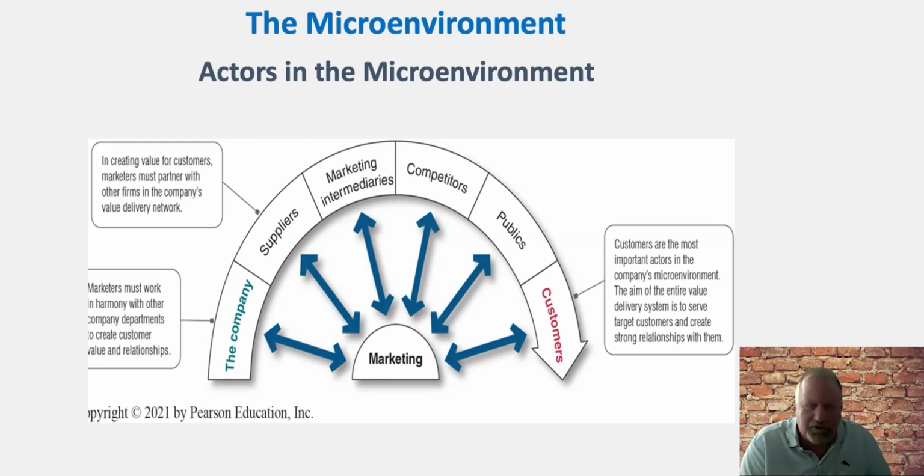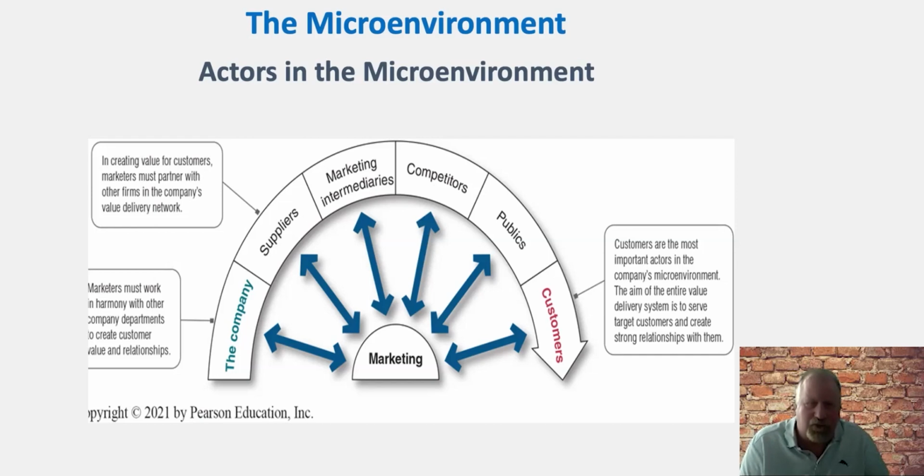We also have our suppliers. Those are the people upstream that supply our parts and all the elements that go into the products and services that we distribute downstream. For example, if we are selling automobiles, we may get tires upstream from a supplier, and we may get steel upstream from a supplier. Our suppliers give us the resources necessary to produce the products that we sell downstream.